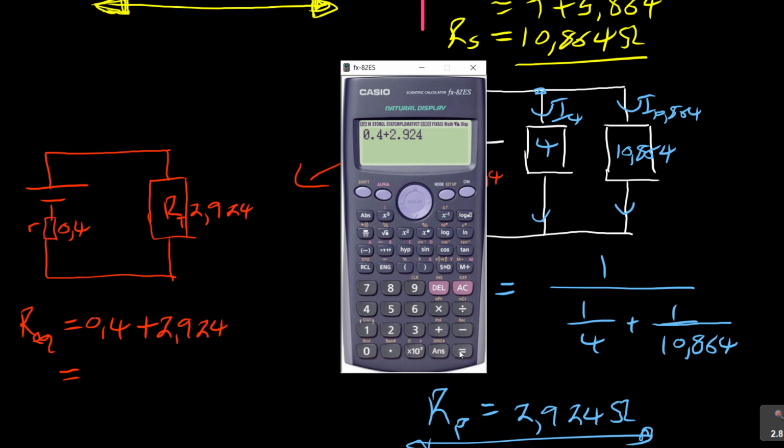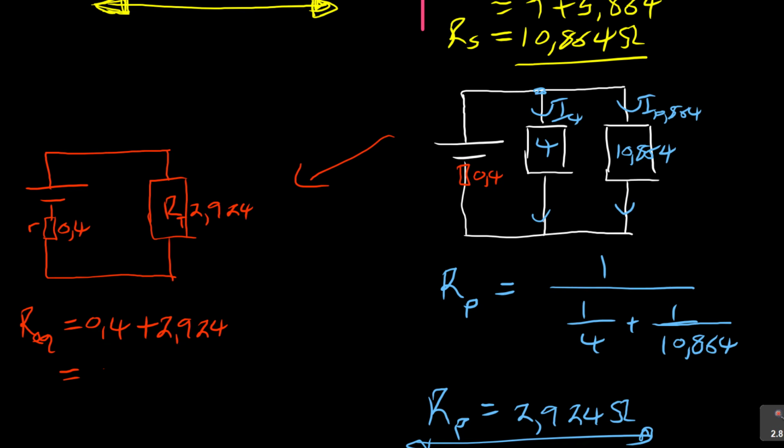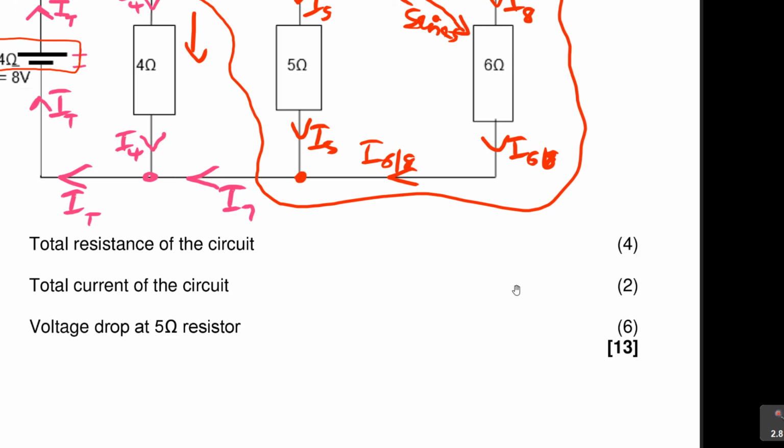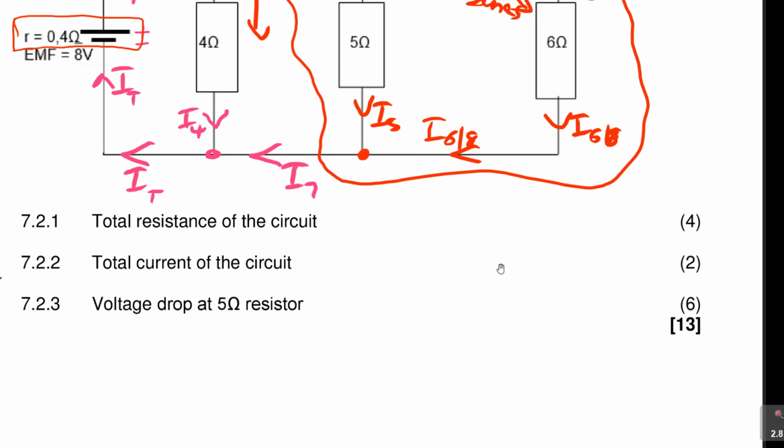So what you get is 3.324 ohms. This then becomes, guys, our answer. This is our R equivalent. That's what they were looking for. Alright, how many marks? I know you're saying, for all the work, just 4 marks. It depends. Whatever you do will still guarantee you your 2 and the 6 marks.